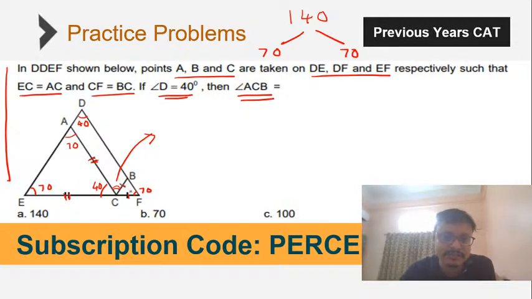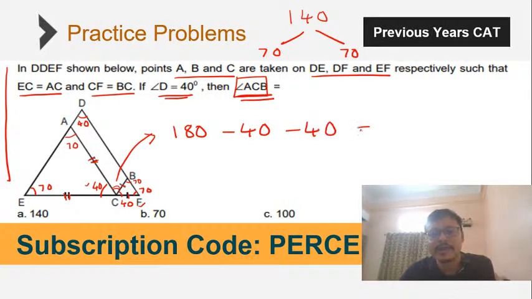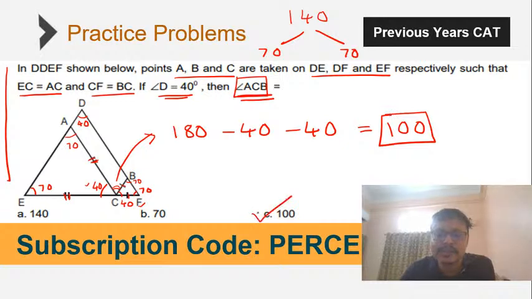Similarly, this side is equal to this side, so this is 70, this is also 70, which means the remaining angle here is 40. So what do you need to find out? Angle ACB. So that will be 180 minus 40 minus 40. So that is equal to 100 degrees, which means the answer is option C, that is 100.